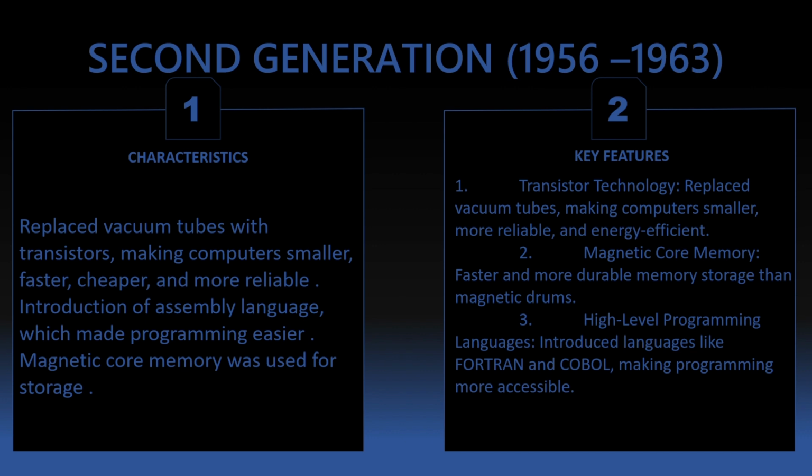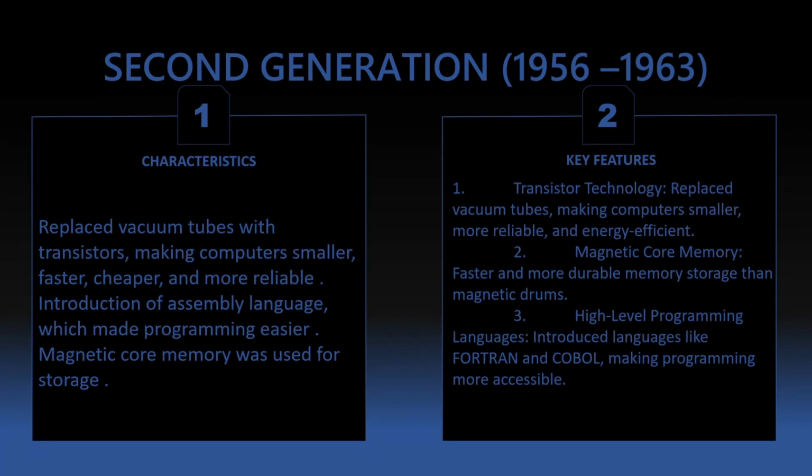Characteristics: 1. Transistors replaced vacuum tubes, making computers smaller, faster, cheaper, and more reliable. 2. Introduction of assembly languages, which made programming easier. 3. Magnetic core memory was used for storage. Now, let's see the key features. 1.